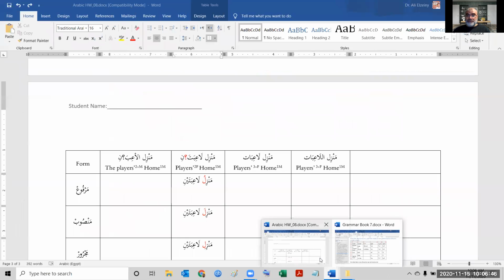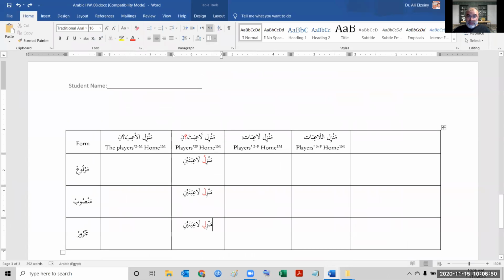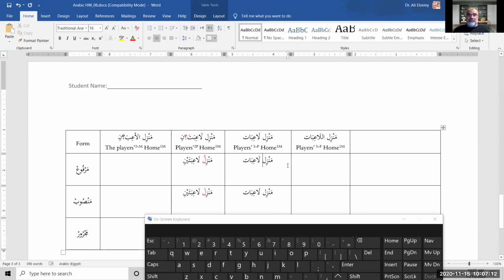So now, knowing that, I know this mark here is going to be a kasra. So all I have to do is just copy this, paste it here, paste it here, paste it here.